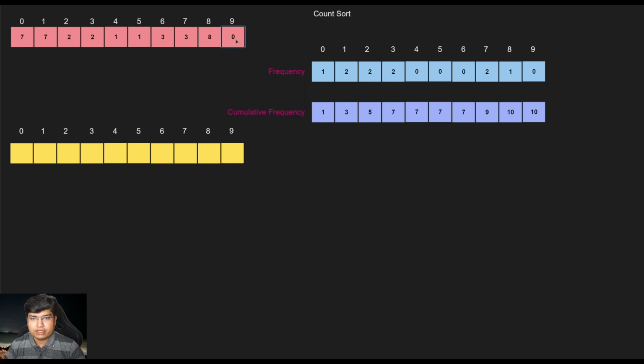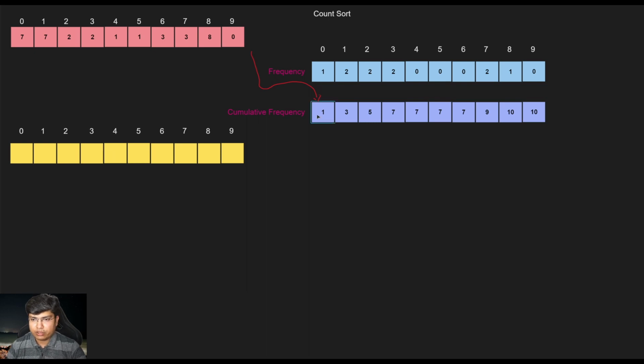What I'm going to do is start from 9 here, and let's look at the 0. Let's pick this number 0, and see in the cumulative frequency counter where is the 0. So if I look at the 0th index, what does it tell? It tells me 1.